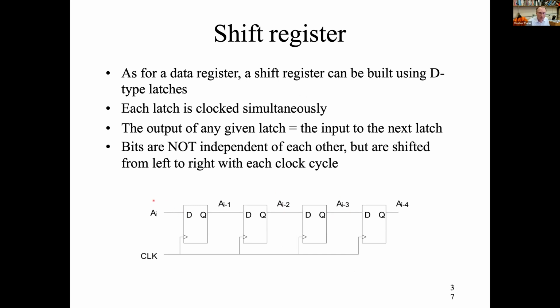So if you've got a stream of bits coming in here, eventually each latch will be given a different bit, different value, and you are setting up your test word for the device. So the bits are shifted left to right.